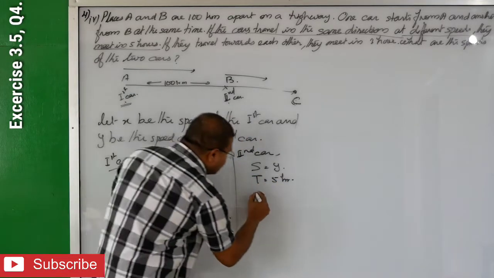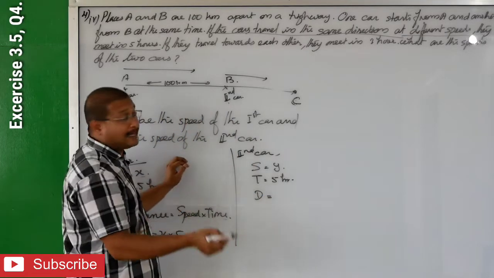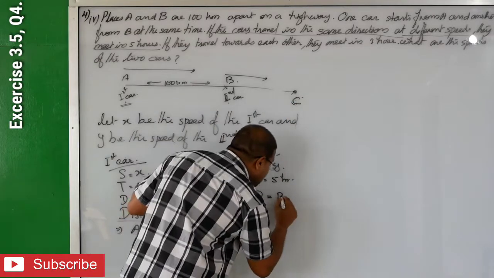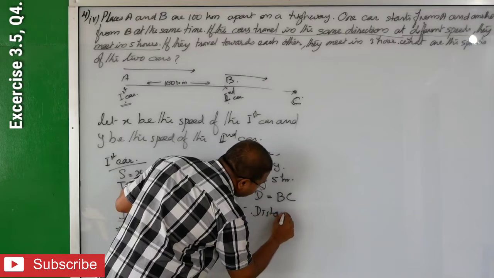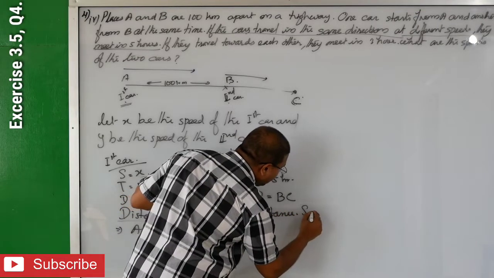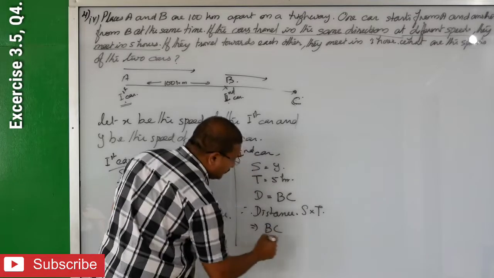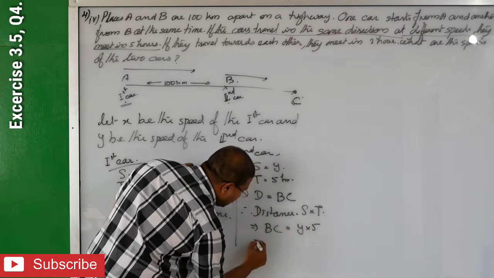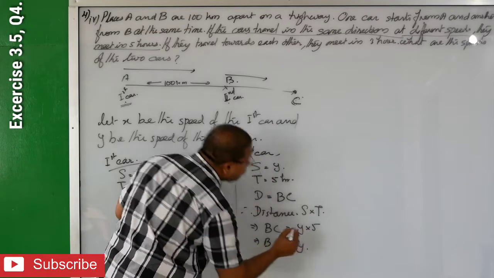That means distance equals speed into time. The second car travels from B to C, so the distance is BC. BC equals speed y into time 5. That means BC equals y into 5, which is 5y.